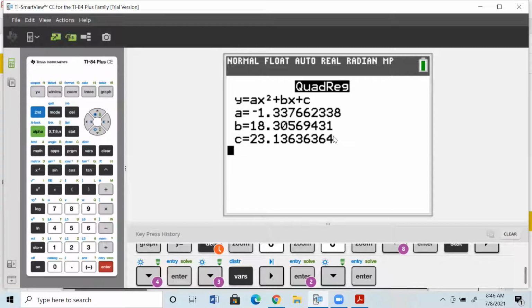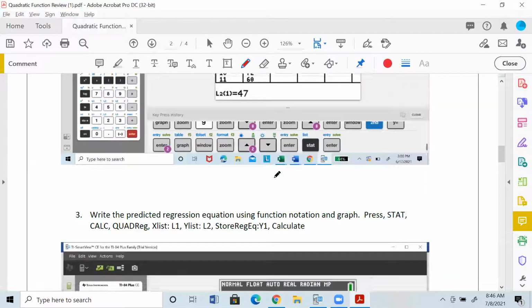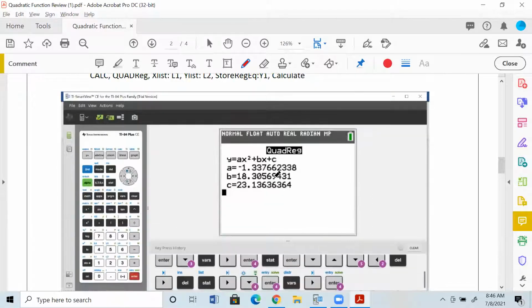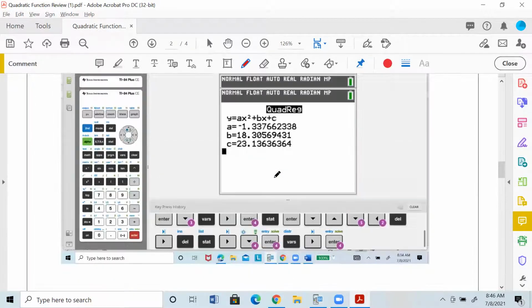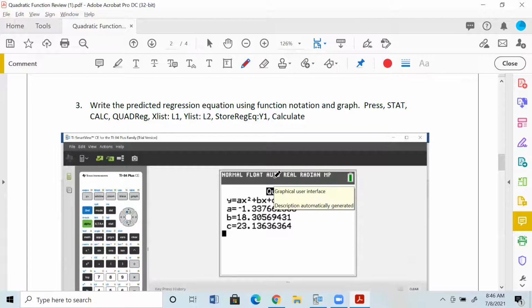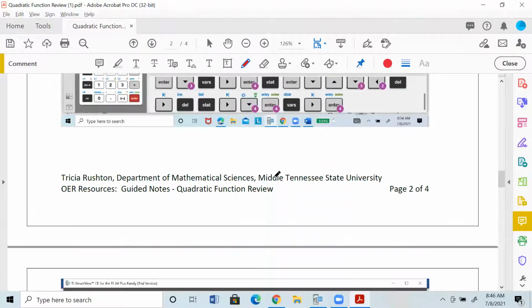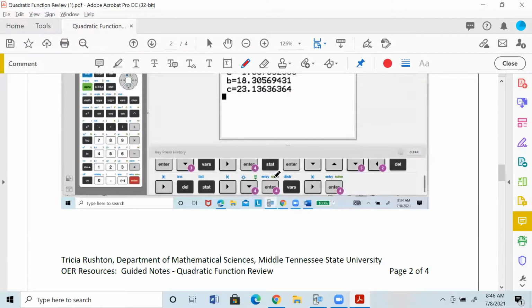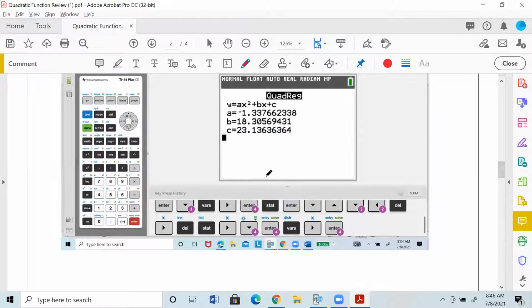So this is the regression equation. Notice it's in quadratic form, ax squared plus bx plus c, and then it gives you the values that would go in for the a, the b, and the c respectively. Again, we snapshotted this in. And so if we wanted to write this equation, we would just fill in these a's, b's, and c's.